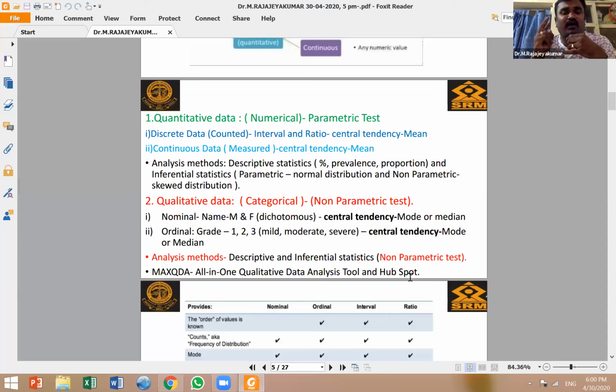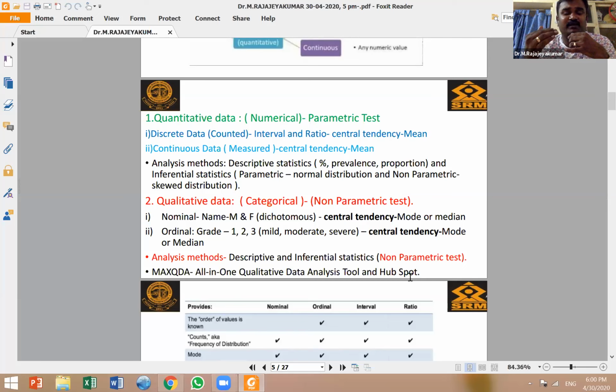Quantitative data or numerical data is divided into two types. I told you discrete, for example interval and ratio. Then continuous data, for example heart rate, BP, height. For both, the central tendency is the mean. So whenever we are going to use the mean and standard deviation, you can always use a parametric test.